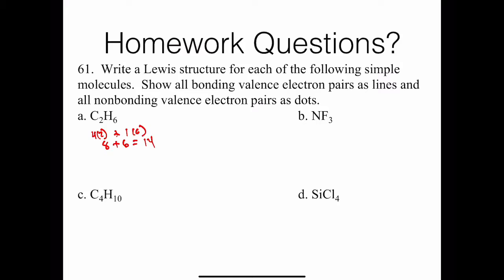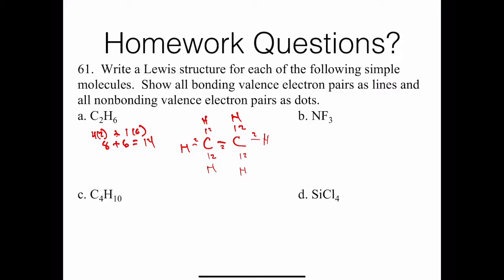Hydrogen always goes around the outside, so I'm going to put the carbons in the center, and then I'm going to put hydrogens all around the outside. This used a total of 2, 4, 6, 8, 10, 12, 14 electrons. So I've distributed all of my electrons just by bonding these elements together.